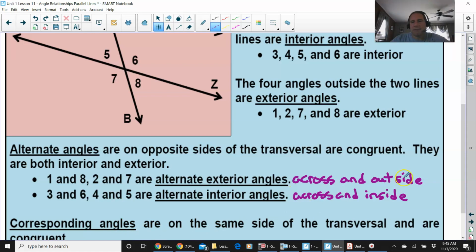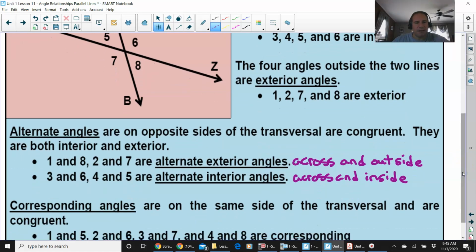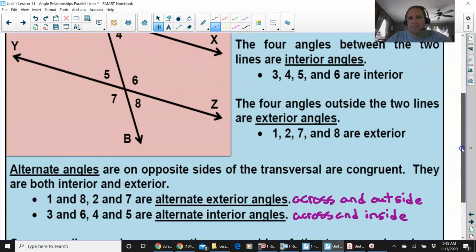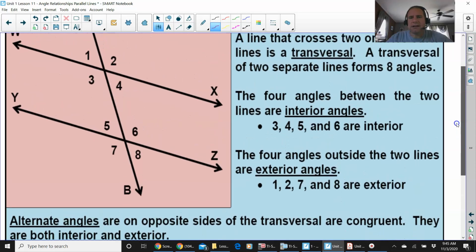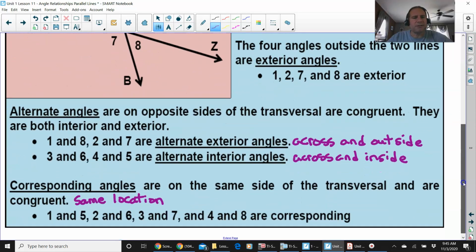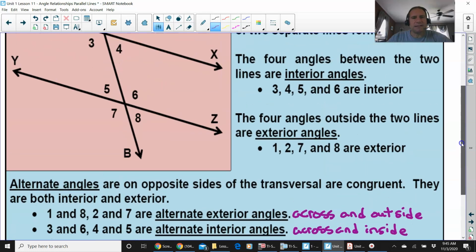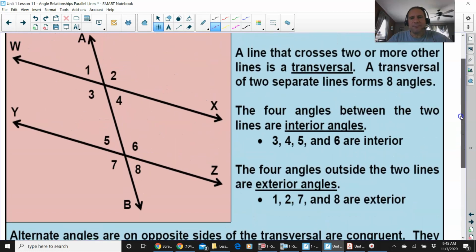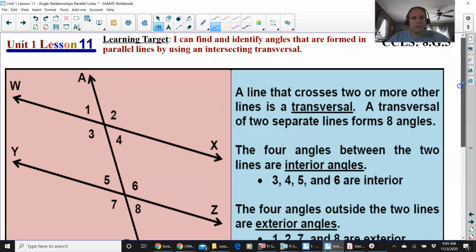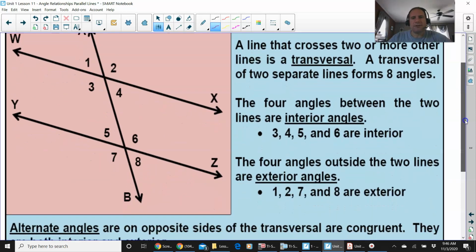Corresponding angles, I would just put on the bottom right here, as a note, same location. Make little notes for yourself like this, so when you look back at it while studying, you realize, okay, now I understand what that is. I remember putting that note down. Just remember vertical angles, which this doesn't cover: vertical angles are directly across from each other, and they meet at a vertex.